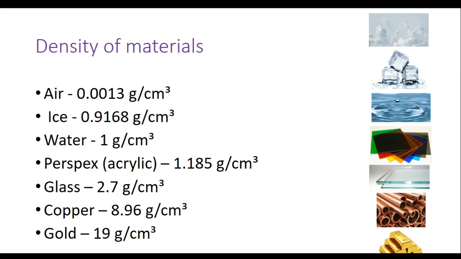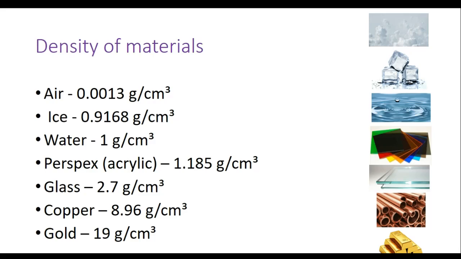Remember that the other measurement for density, the other unit, is kilograms per metre cubed. But for this, we are using grams per centimetres cubed. Ice is then 0.9168, so just below 1 gram per centimetres cubed.